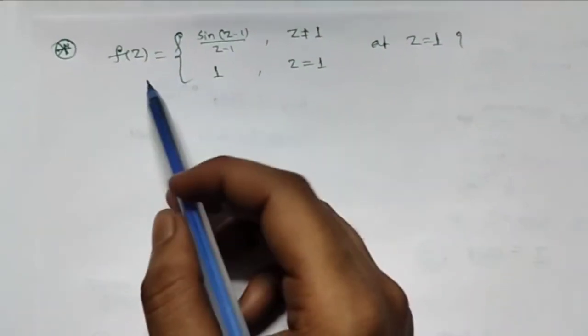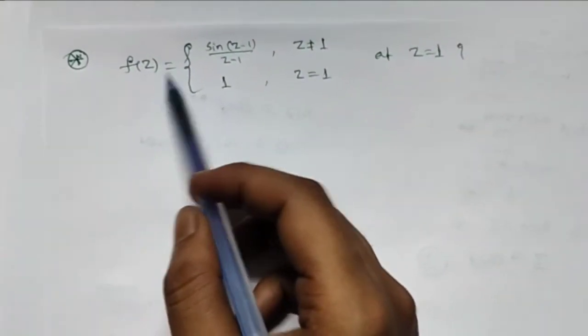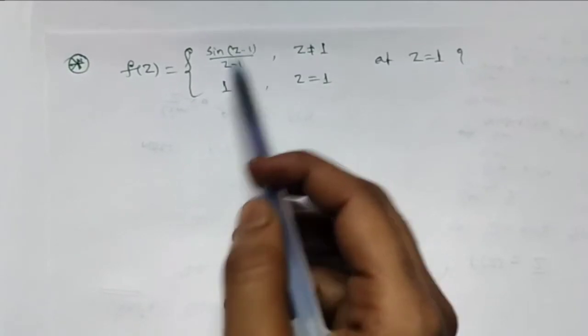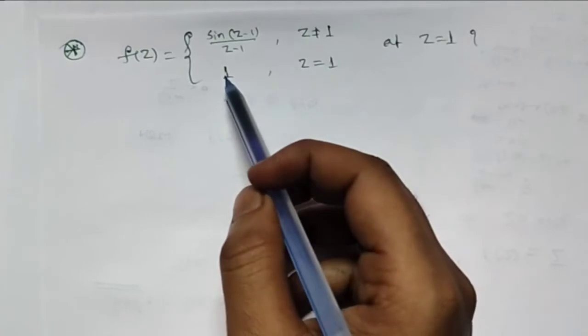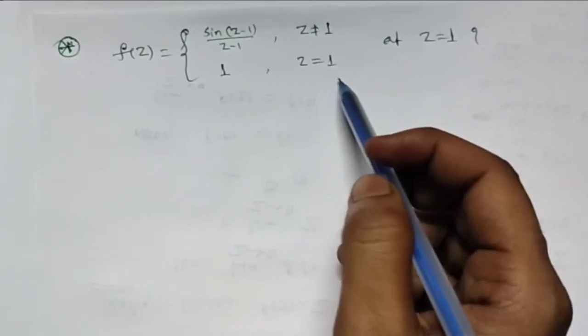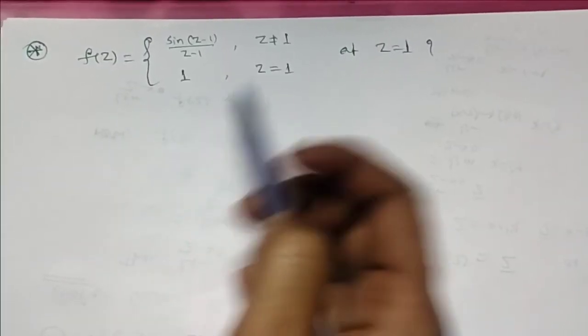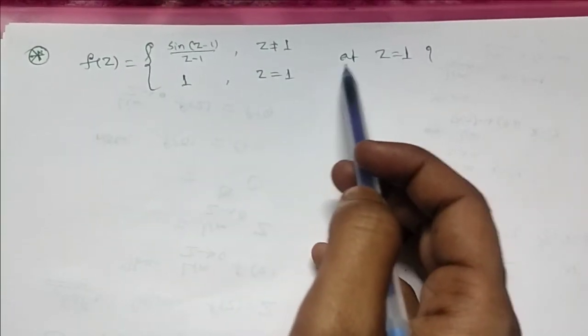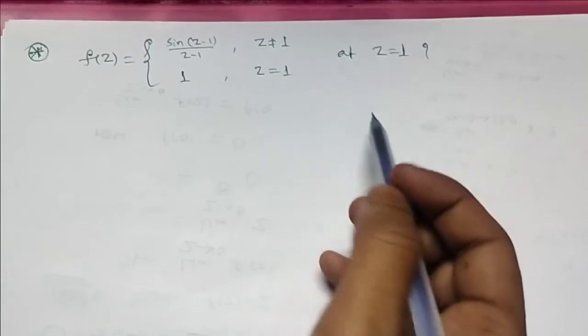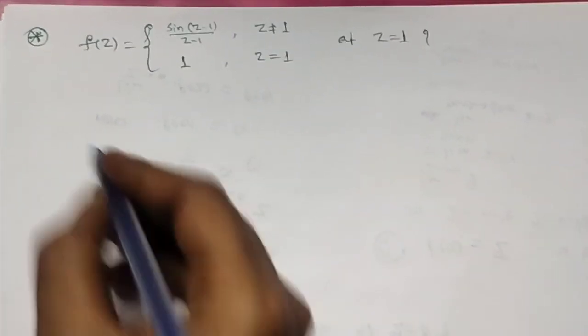Another example: f(z) = sin(z - 1)/(z - 1) when z is not equal to 1, and 1 when z is equal to 1. Our question is whether this f(z) is continuous or not at the point z = 1. So, solution.